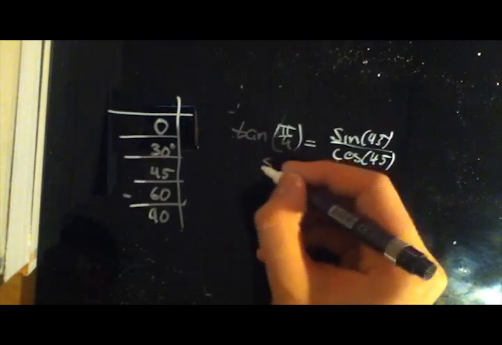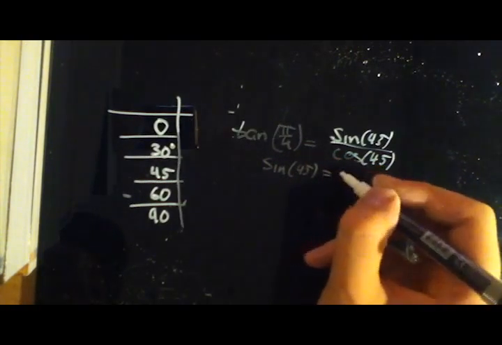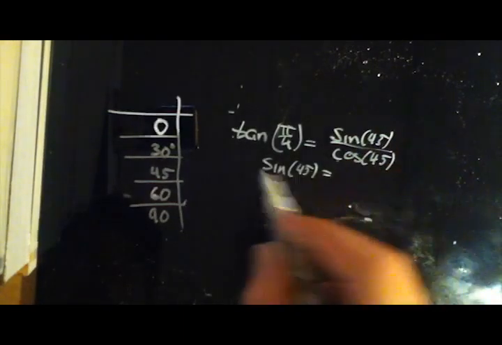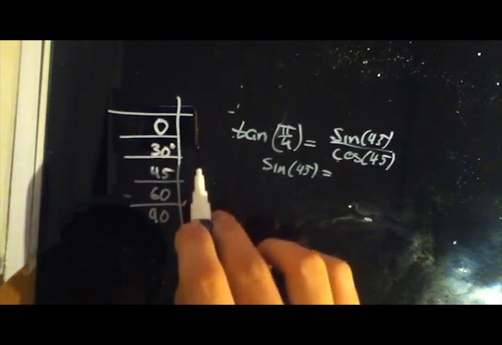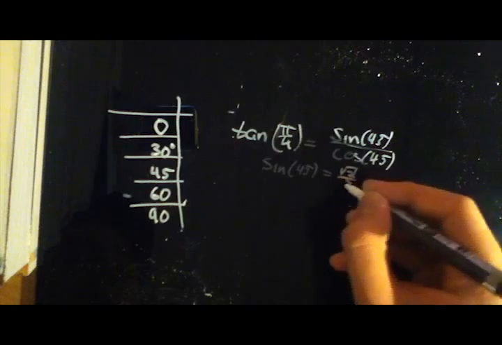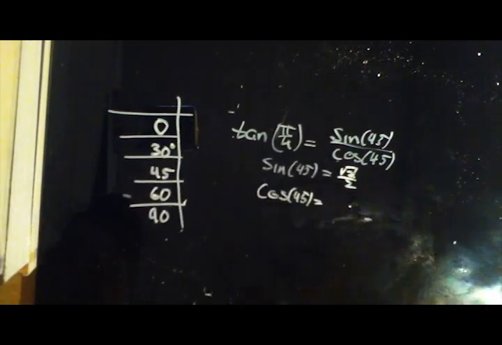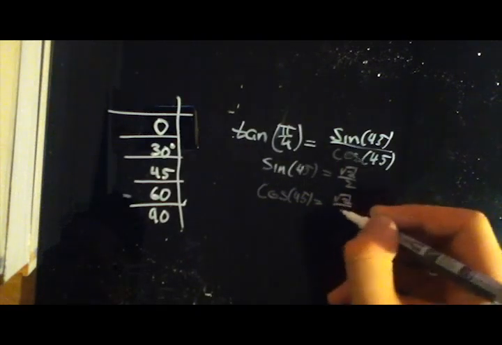Alright, what's sine of 45? Square root of 0 over 2, square root of 1 over 2, square root of 2 over 2. Cosine of 45 degrees is square root of 2 over 2.